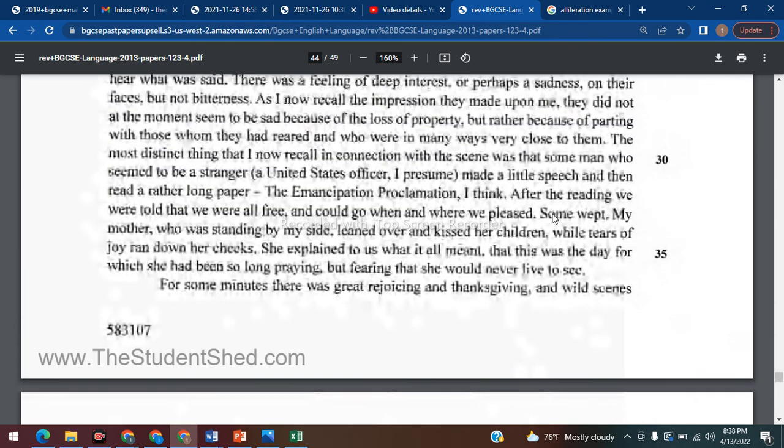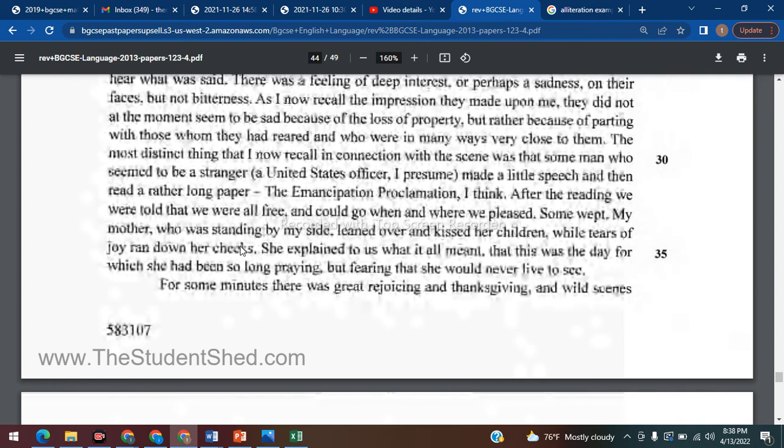Look at it. It says, after reading, we were told that we were all free and could go when and where we pleased. Some wept. Listen to this: my mother, who was standing by my side, leaned over and kissed her children while tears of joy ran down her cheeks.